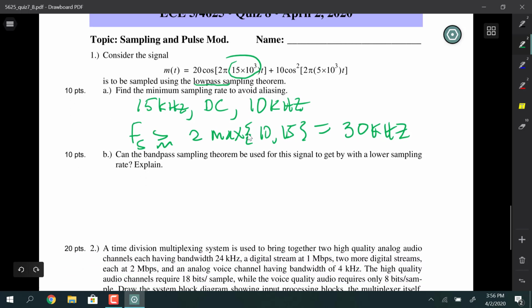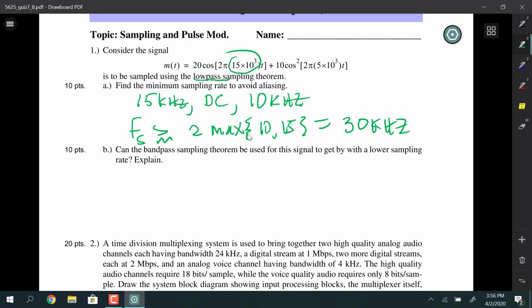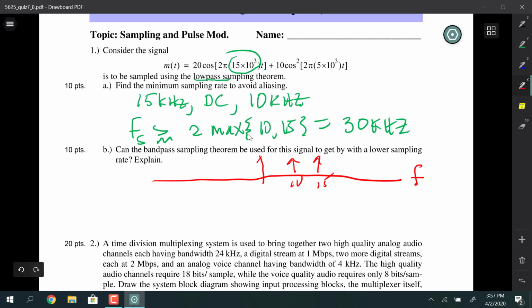Okay, moving along. The next question is, can the bandpass sampling theorem be used for this signal to get by with a lower sampling rate? So what I would do, especially if you're fuzzy on things, just draw a picture. So we've got something at 10, something at 15, we have something at DC, and then of course draw the negative frequencies if I want to.